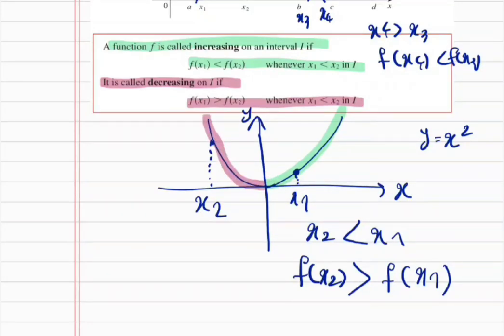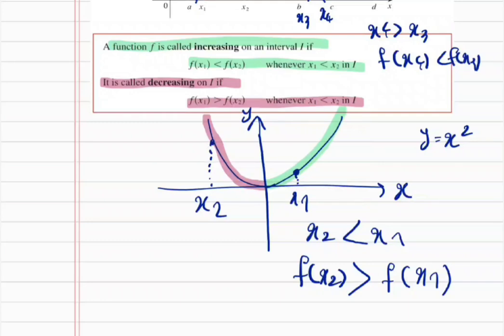The idea is that this concept only works for this function if you define the interval. If we were not to define any intervals and just say that because x2 is less than x1, this quadratic curve is decreasing, then that is wrong, because we should define the interval.